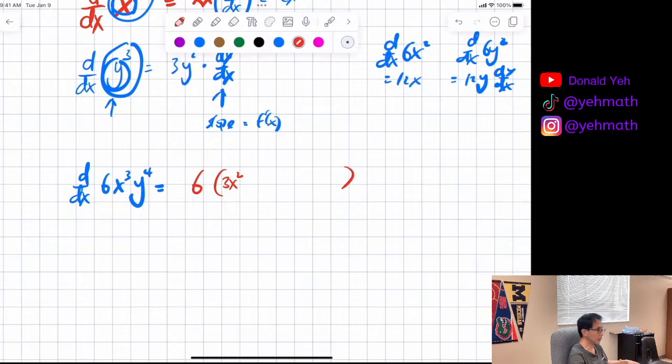Is that okay? y to the 4th. Is that okay? Plus x to the cube times what? dy/dx. Nobody said dy/dx. dy/dx is what we're looking for. And that's it. dy/dx.